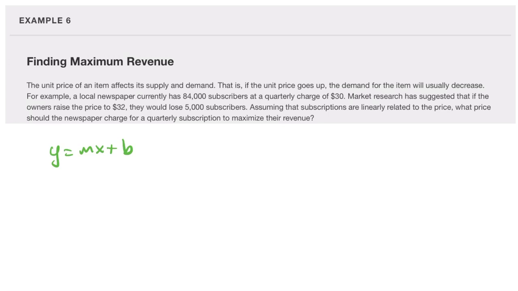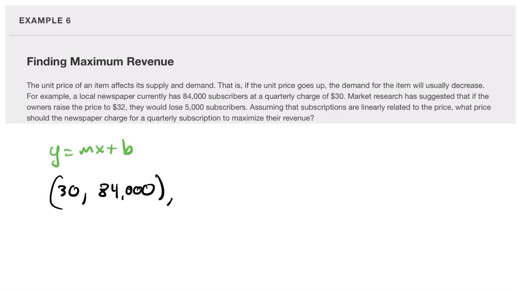Are the subscribers based on the dollar amount, or is the dollar amount based on subscribers? It looks like we're taking charge of the price, and we want to see how that affects the subscribers. So the first piece of information: when we charge $30, we have 84,000 subscribers.